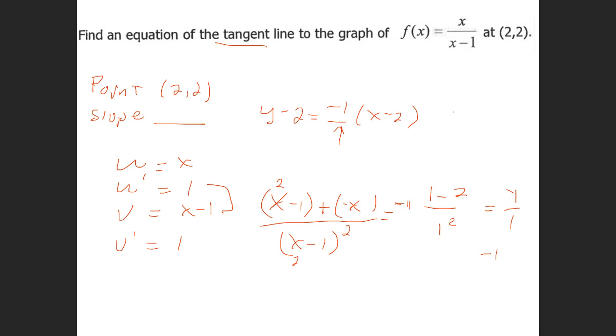You'd still end up with -1 up there. And then on the bottom, x minus 1 squared. I just plugged the 2 in there. 2 minus 1 is 1, 1 squared is 1. I'm going to go with -1 as my slope there. So I'm thinking this is the correct answer for that problem.